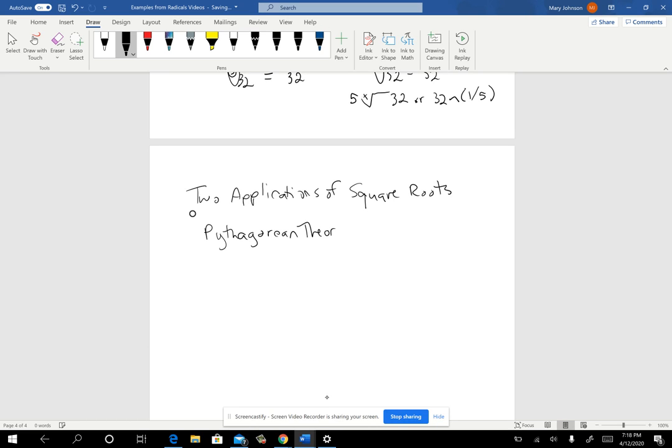You may remember that from geometry. It said if you had a triangle that had a 90-degree angle, a right angle in it, it said that if you squared the 2 shorter sides, they're called the legs of the triangle, it would equal the square of the longer side. Okay. Right, and then the other formula is the distance formula.